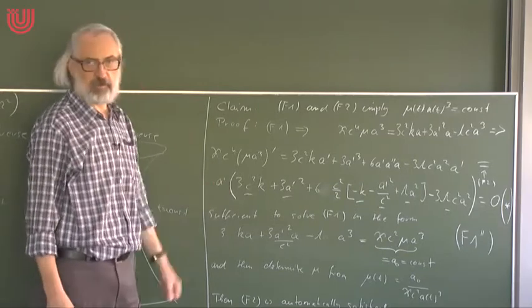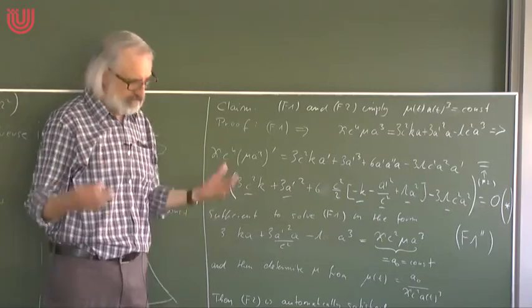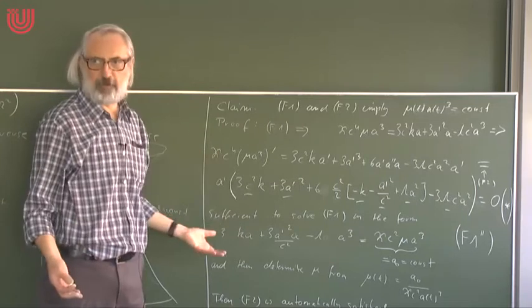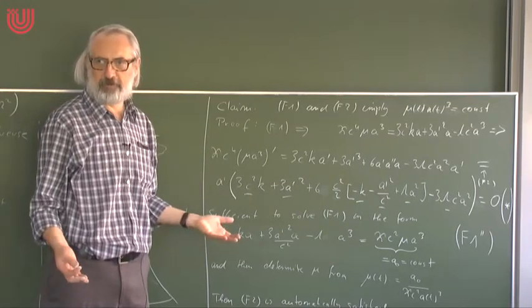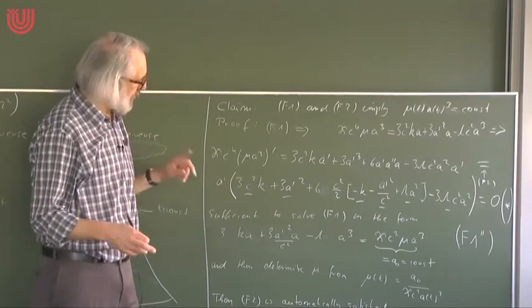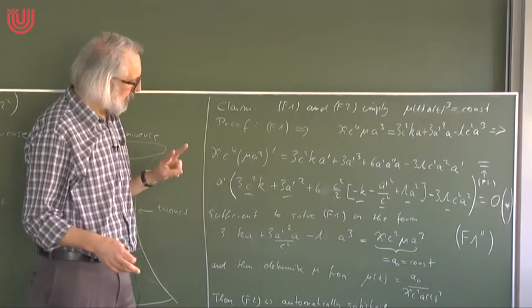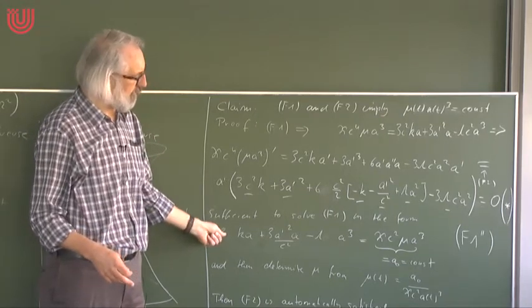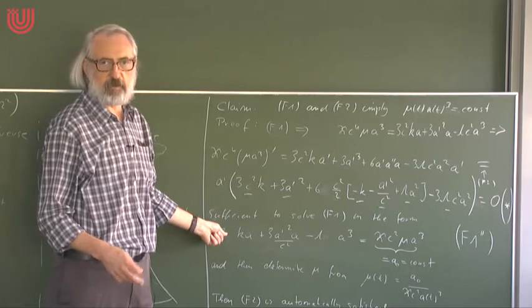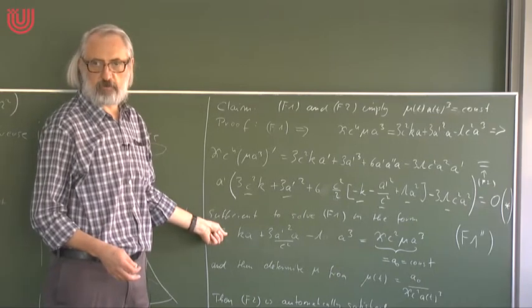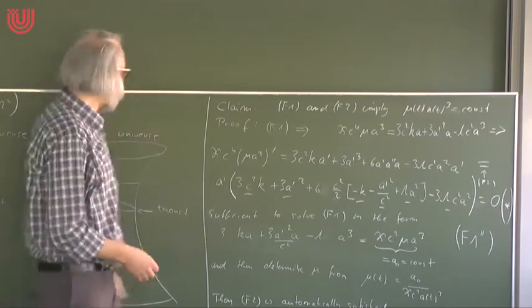And the reason was that I had divided by a prime. And of course, the static solutions have a prime equals 0, and then it's not allowed to divide by a prime. So you can reduce the two Friedmann equations to this one condition in the case of a dust. It doesn't work for the static solutions. It works for everything else, but not for the static solutions.